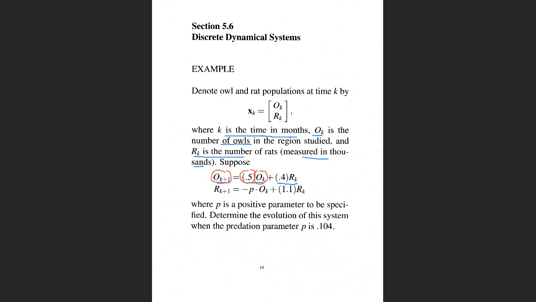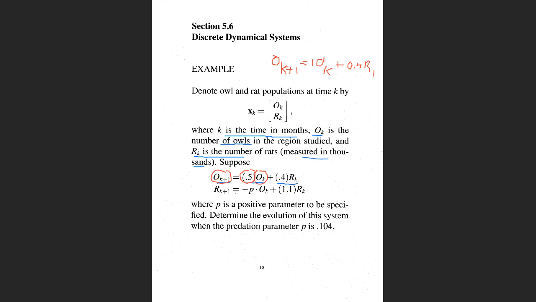Yeah, it makes sense. Now, why don't they say, could we say that O sub k plus 1 equals 1 times O sub k plus 0.4 times R sub k?